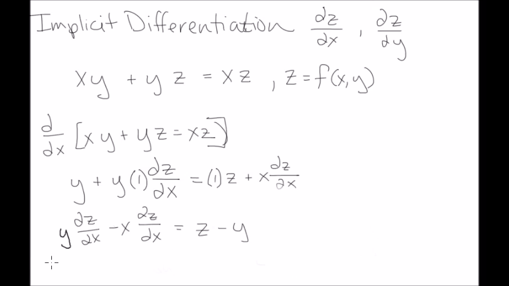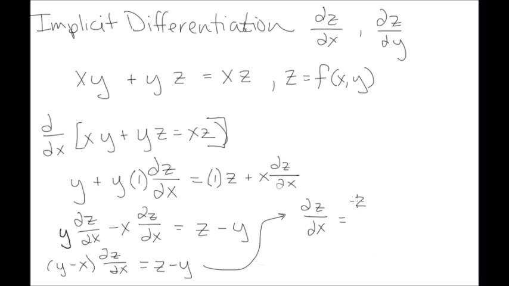Notice that I could factor out on the left-hand side (y minus x) dz/dx is equal to z minus y. So I'm going to divide both sides by y minus x, and I get dz/dx is equal to (z minus y) divided by (y minus x).